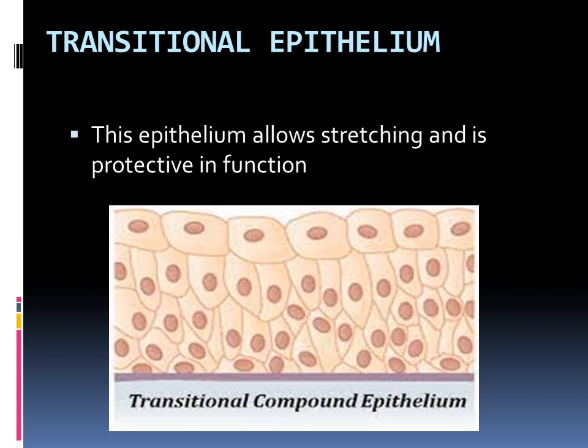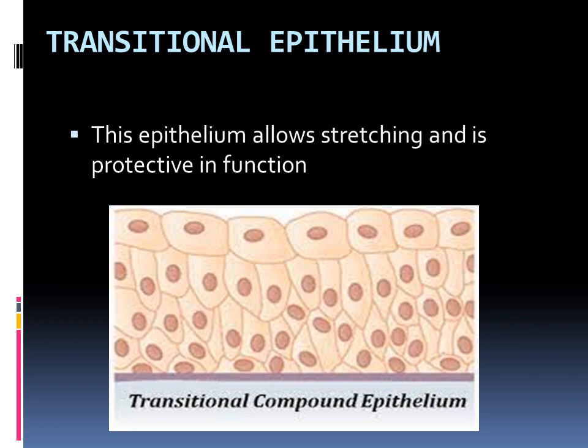Since it is elastic in nature, when it stretches, it may sometimes look like a simple layer. Understand? When we are stretching, the width will reduce, am I right? So when the width is reducing, it may look like a simple epithelium. That is known as transitional, meaning it may transform from compound to simple form.